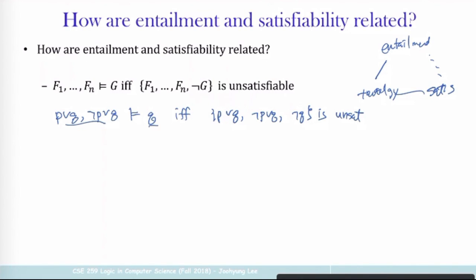So it's unsatisfiable. Okay? And vice versa, you can actually prove this same thing using the definitions. Okay? Any question up to this part? All right.